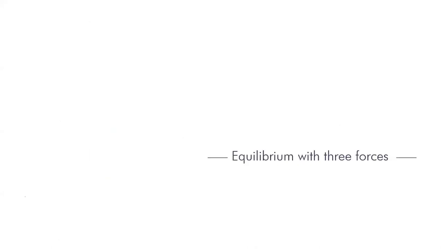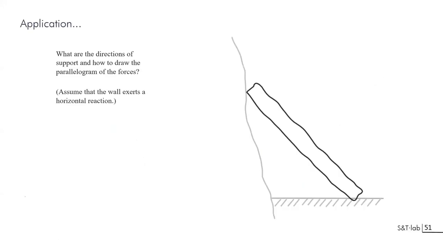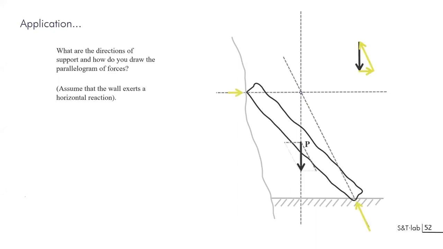So let's get back to this example with three forces and the first application. If you have a stone that is just lying on the stone wall and you're looking at the equilibrium, you will use the weight of the stone placed at the center of gravity, this way here, and you have to draw the line of action.